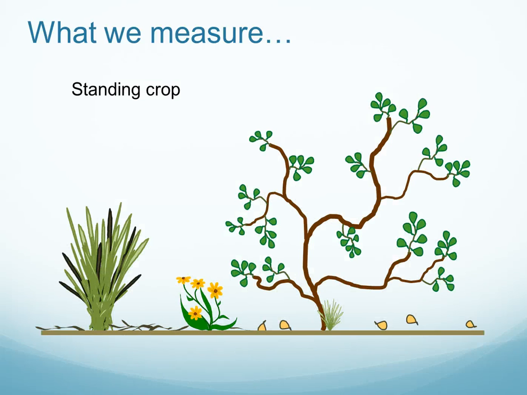Let's consider the term standing crop. Standing crop is the total amount of above ground plant material in a unit area at a unit time. Now, this may be modified using terms such as dead standing crop or live standing crop, depending on what it is that we're actually trying to measure.